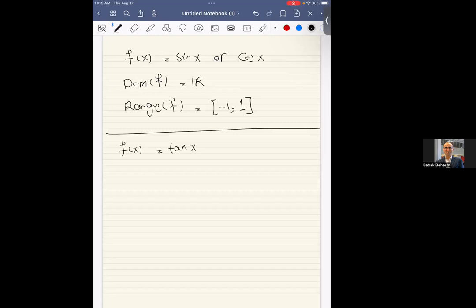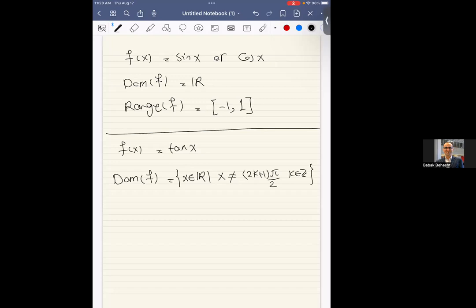So the domain of tangent is the set of all numbers except that x cannot be equal to 2k plus 1 times pi half for any integer k. That means x cannot be an odd multiple of pi half: 1 pi half, 3 pi half, 5 pi half, 7 pi half, and so on.